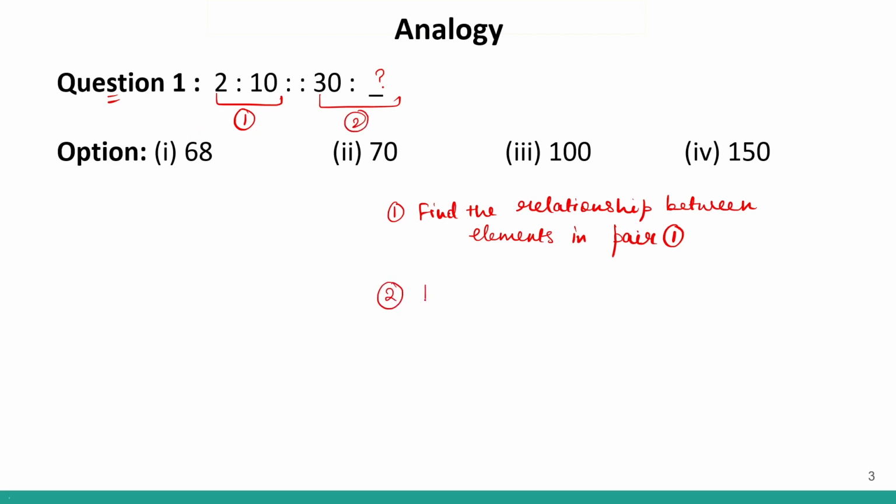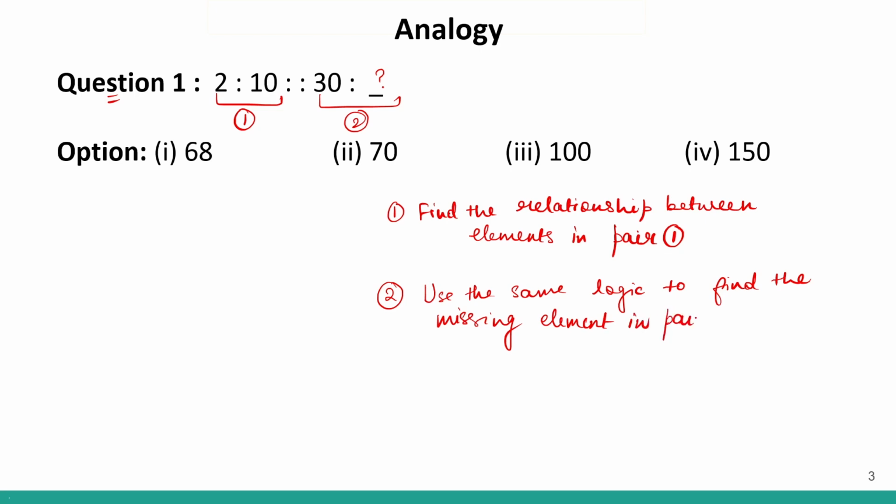The second step is to use the same logic to find the missing element in pair 2. Correct? This is how we solve questions on analogy.